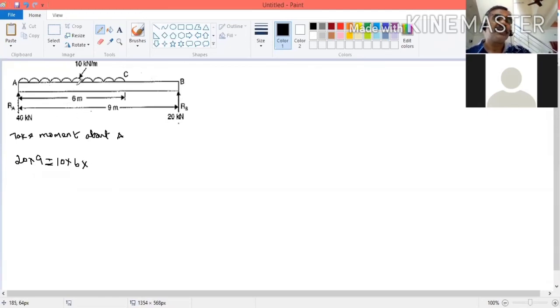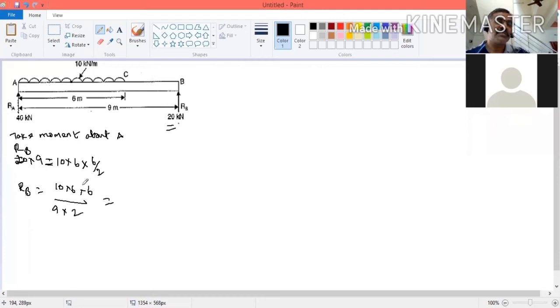Since the load is acting over a length, you assume the total load is acting at the center of gravity. Let us take this as the center of gravity. What is the distance of the center of gravity from A? It is 6 by 2, at the center. Only RB we have to calculate. Now RB is equal to 10 into 6 into 6 divided by 9 into 2.